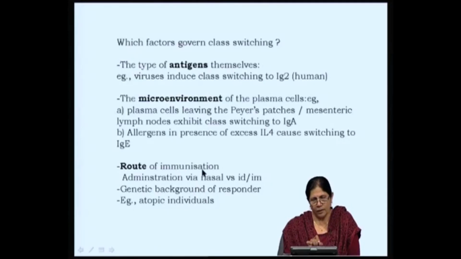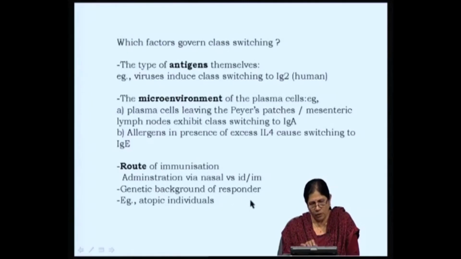Administration of an allergen, let us say through the nose or the nasal passage, may give rise to IgE. However, the same allergen when injected intradermally or intramuscularly would give class switching to IgG. Therefore, route of immunization also is one of the factors that governs class switching.